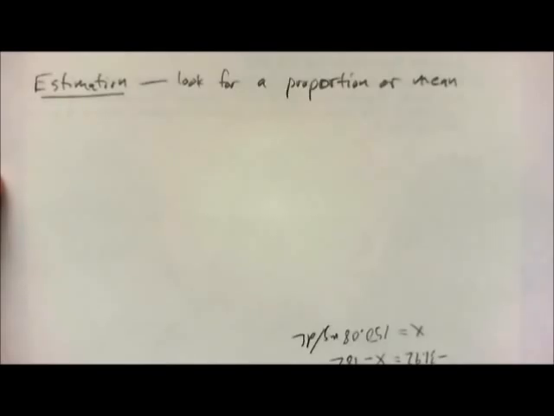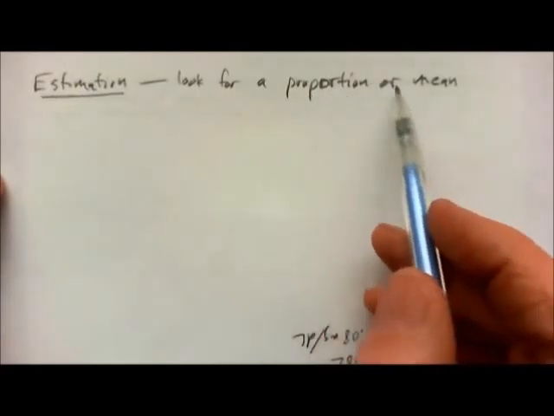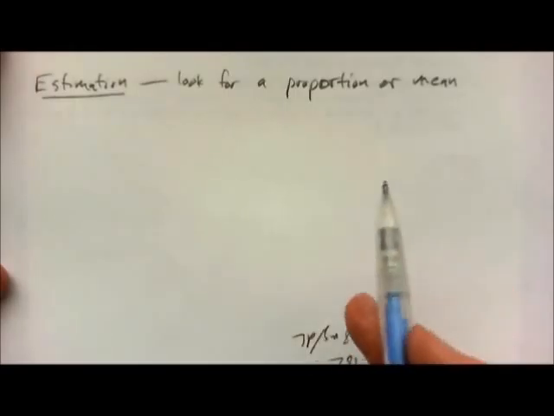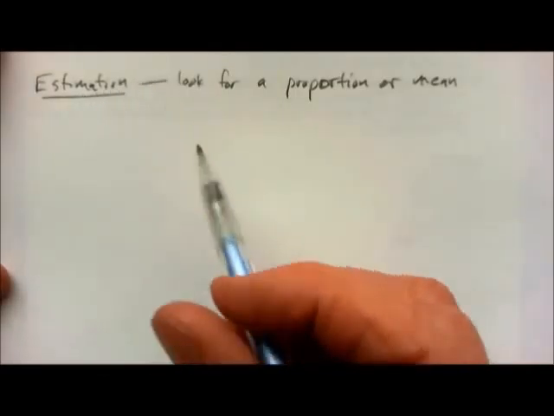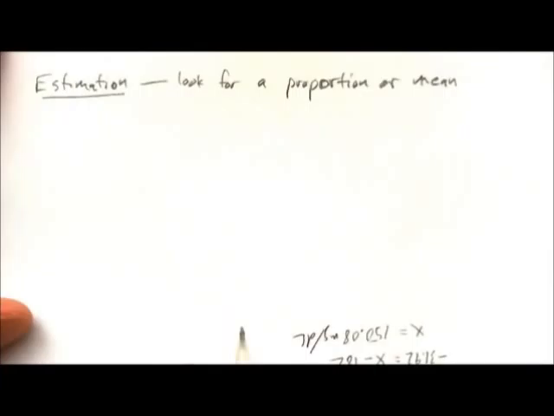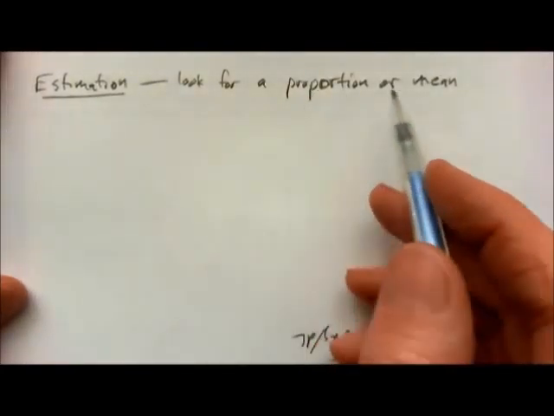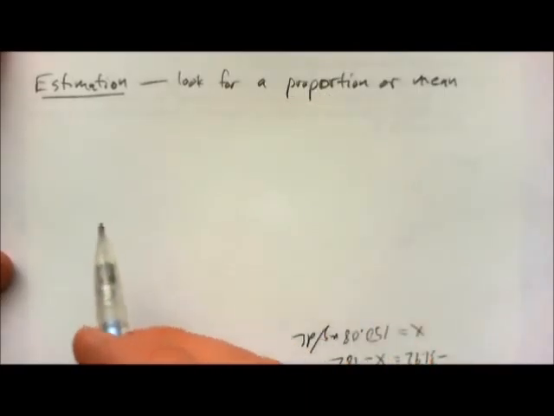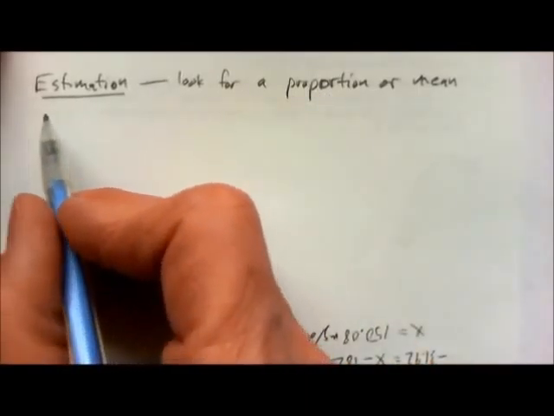And of course, it's only estimation if we're in a situation where we can't get the proportion or mean for the entire group we're talking about. So for it to be estimation, we need evidence of sampling. If we wanted to find a proportion for some group and we could gather data for the entire group and determine the proportion, then we would know exactly what the proportion was. We wouldn't be estimating it. So again, if we're estimating, we have to have a situation of statistical inference.